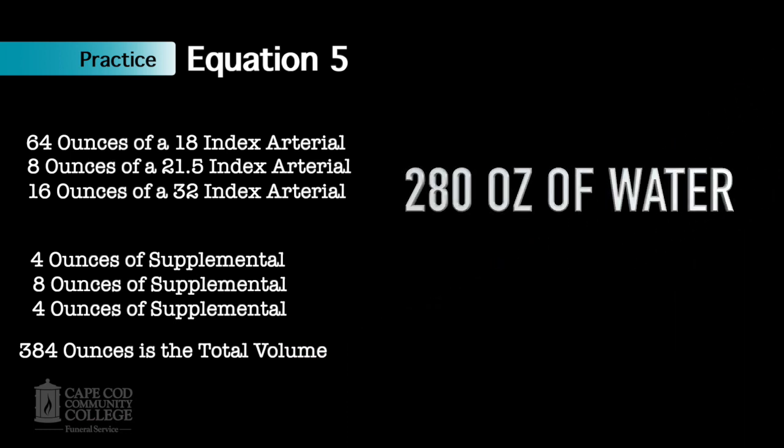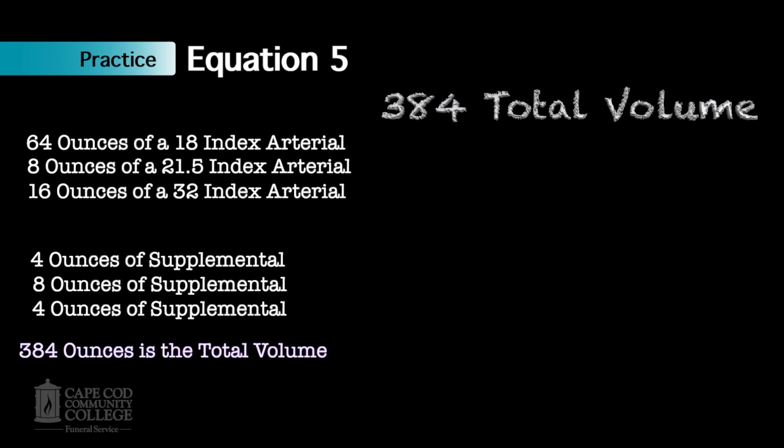The answer is 280 ounces of water are in the tank that makes up 384 ounces of total volume. To arrive at this answer, we're going to take the total volume of 384 ounces.